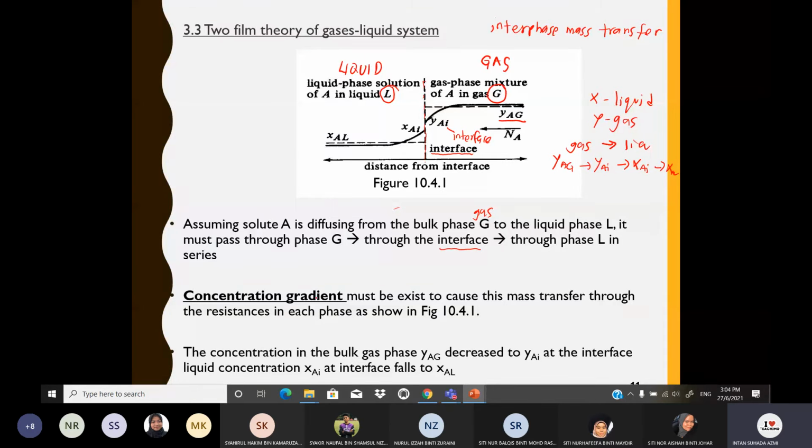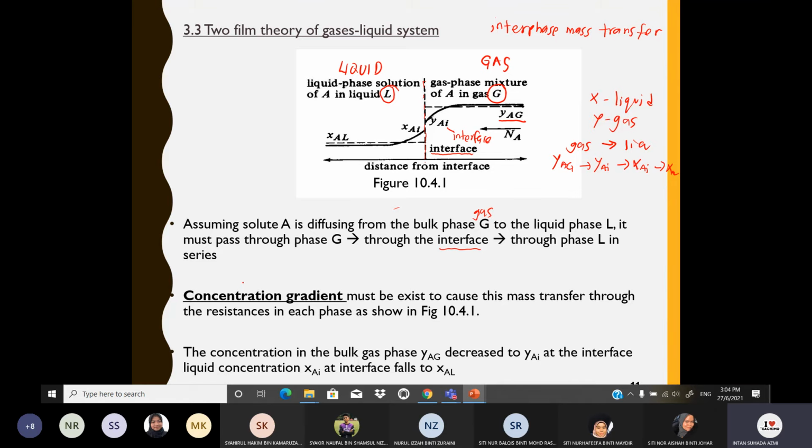A concentration gradient must exist to cause this mass transfer through the resistance in each phase. If you remember back in mass transfer, in order for mass transfer to occur, there must be a difference in concentration.